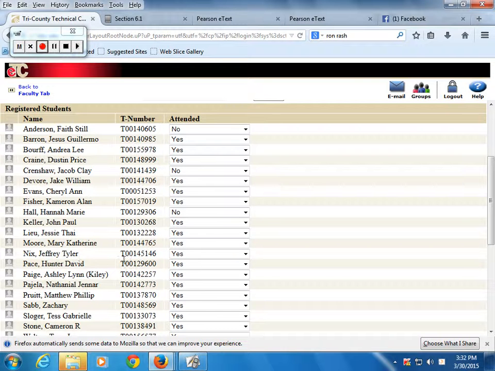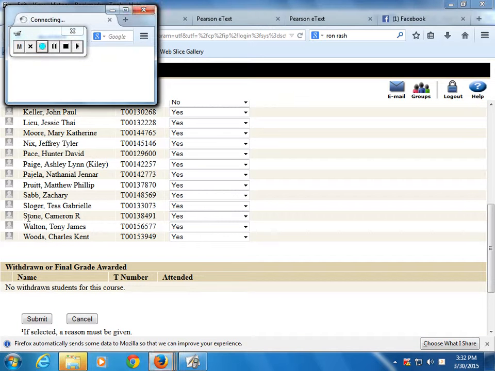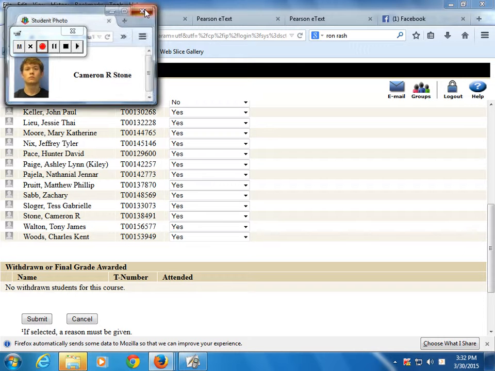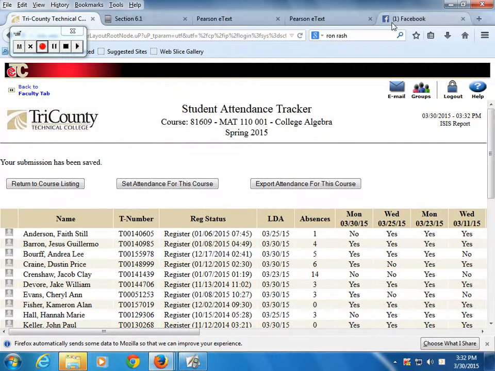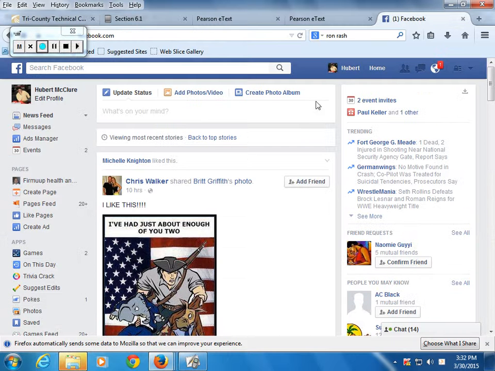Nix, here. Pace was here. Page is here. Pahala's here. Dang, I think I actually said that right. You did. Wow, it's only taken me 3/4 of the semester. Pruitt's here. Sabe's here. Sloger's here. She left. Stone. These things keep coming up. Walton here, and Woods. Okay, now that that's done, y'all can get the heck out of Dodge whenever I let y'all go.